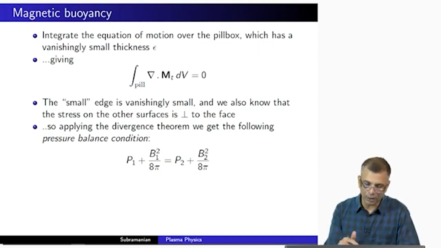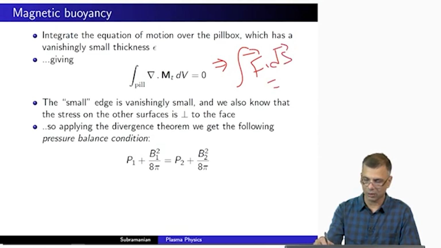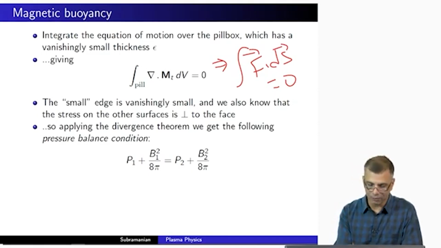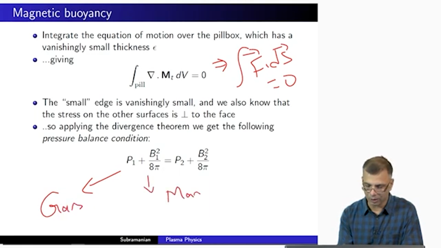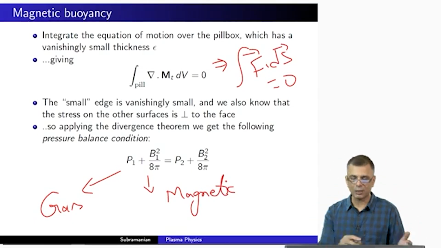Applying the divergence theorem, which is essentially saying that f dot ds equals 0, we get the so-called pressure balance condition, which is that this is the gas pressure and this is the magnetic pressure. So the sum of the gas and magnetic pressures on both sides has to be the same.